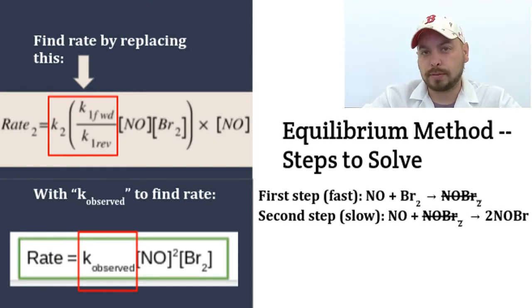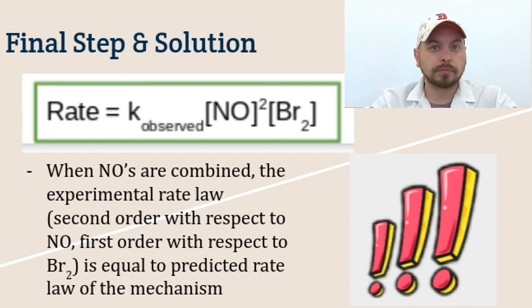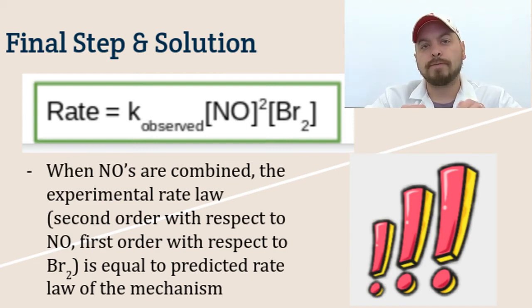And if you look at this, when we combine the NOs, you will see that the experimental rate law, second order with respect to NO, first order with respect to Br2, is equal to the predicted rate law of this mechanism. So when the second step is slow, the equilibrium method, which works every time, using a series of substitutions and systems of equations, lets us find the rate law for the proposed mechanism.